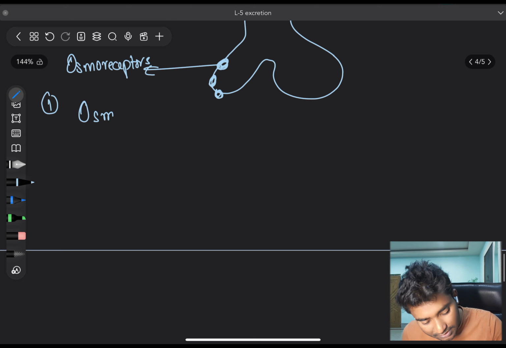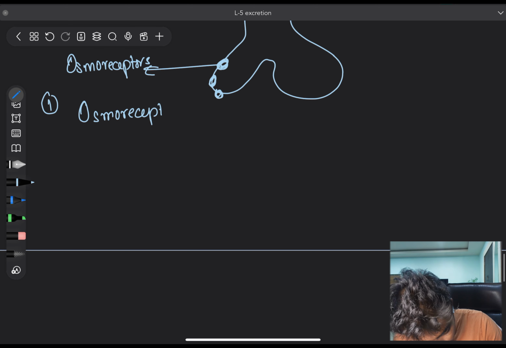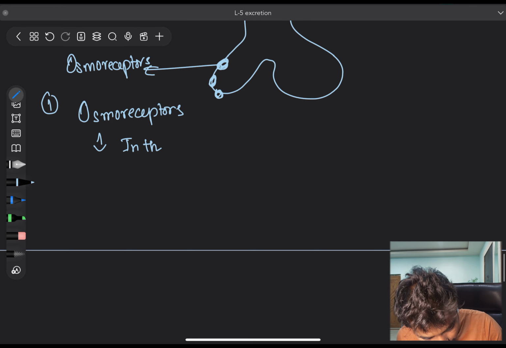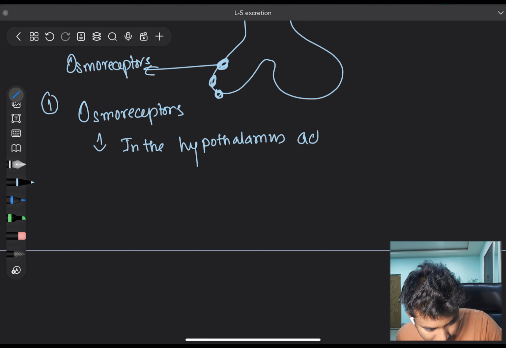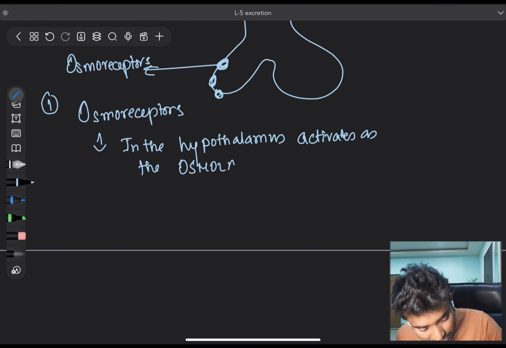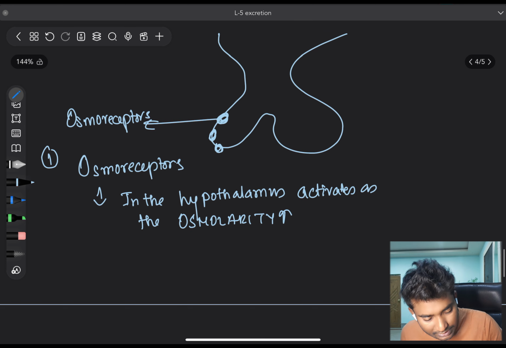The osmoreceptors in the hypothalamus activate as the osmolarity gets up.